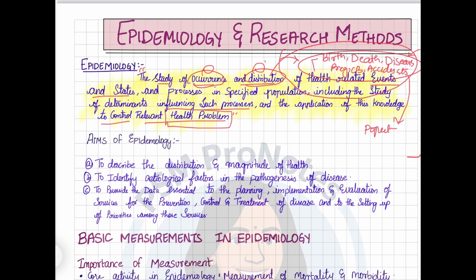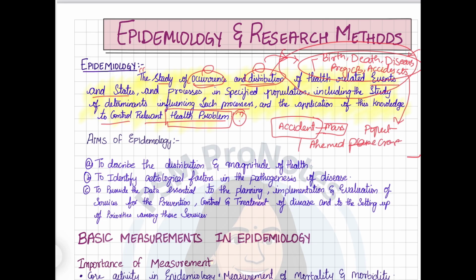So what does this mean? Suppose let us take the example of accidents. This is the health event and state which has occurred, and suppose we say a mass accident has taken place, like the Ahmedabad plane crash.